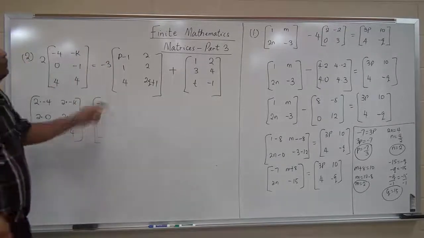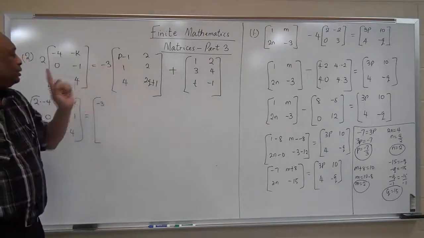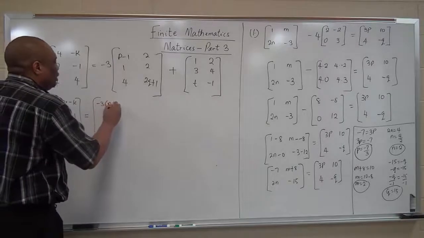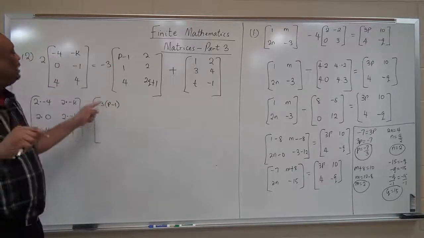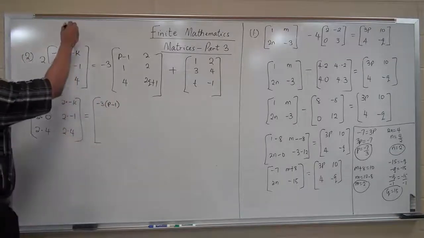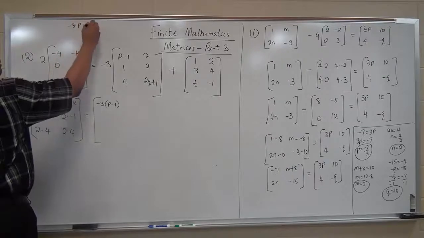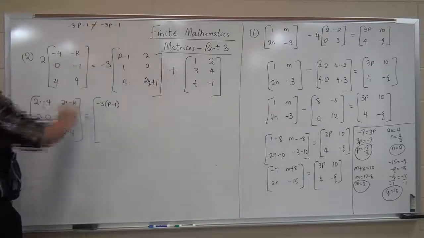Now, be careful. This is negative 3 times p minus 1, so you have to put the parenthesis. Some students will put negative 3p minus 1. This is wrong. You don't do this.